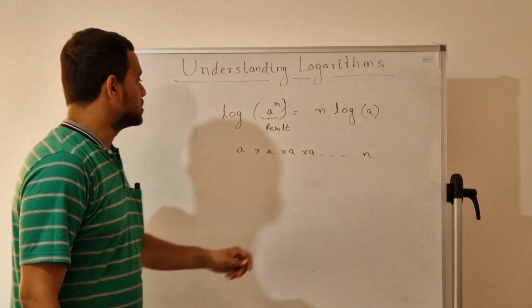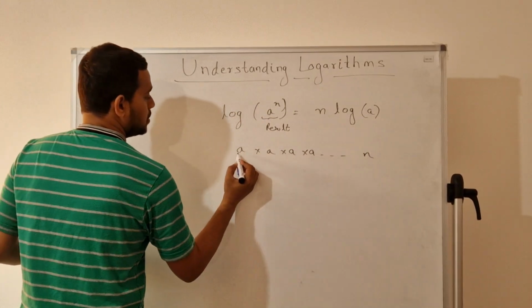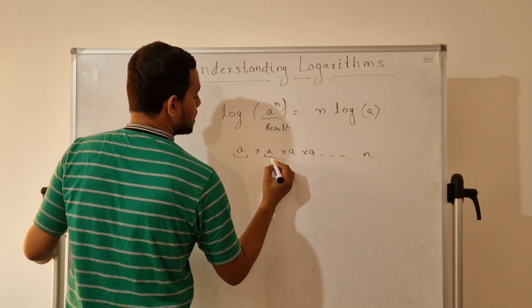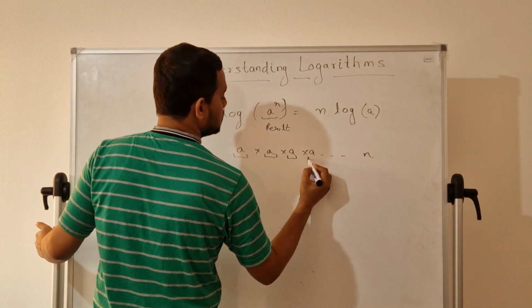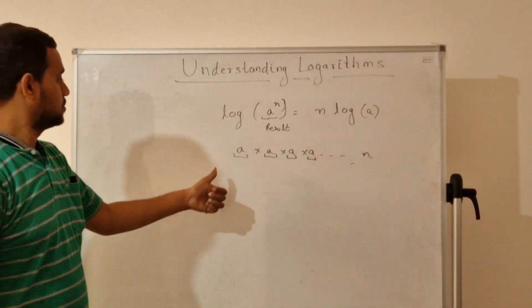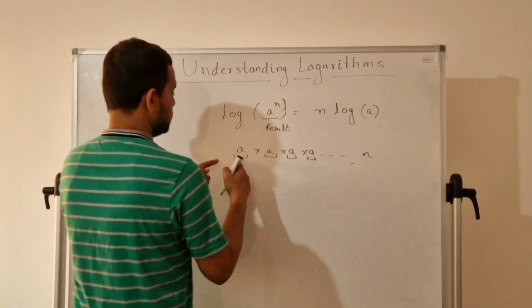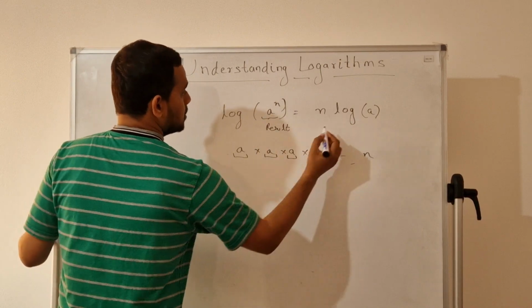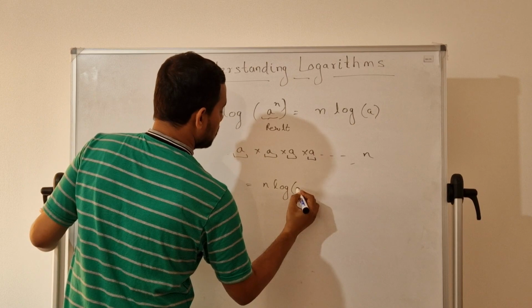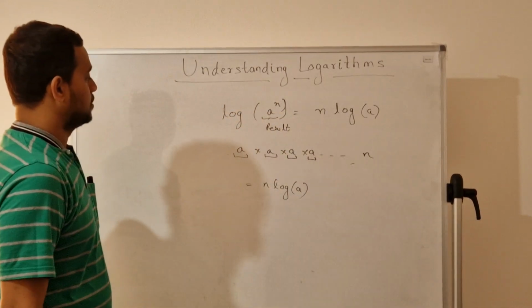What this also means is you took time t plus time t plus time t plus time t, and so on, n times, right? Because n times you won't multiply, you will sum. That is why this becomes n times log a also, right?